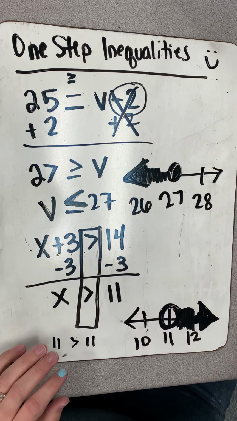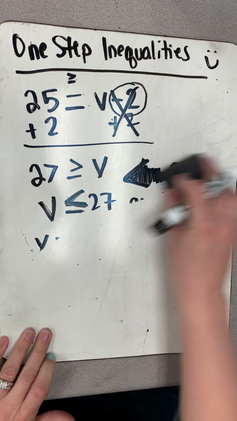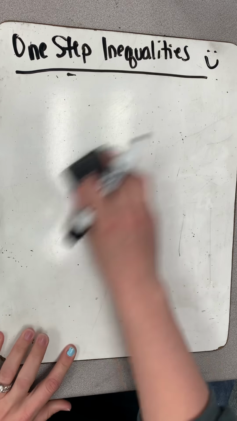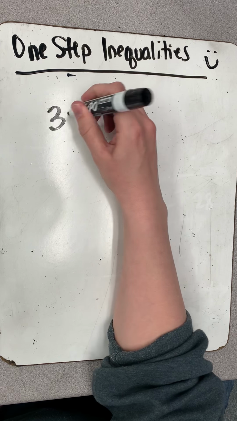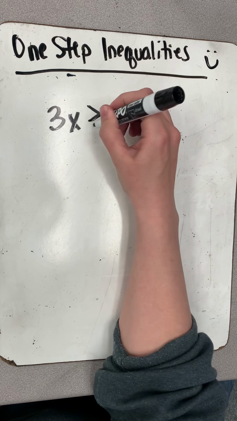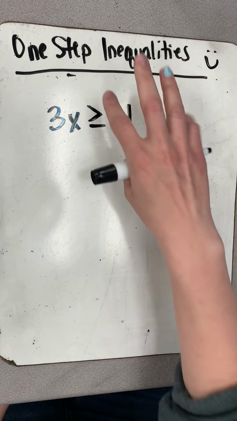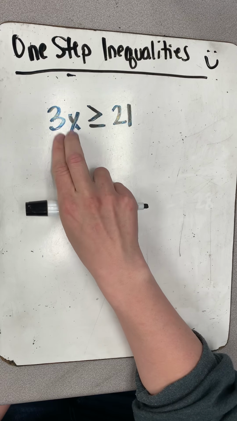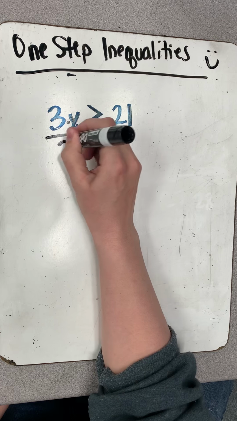I'm going to erase this, and I'll show you one that has to do with multiplying and dividing. We're doing the same thing, right? So if I have 3x is greater than or equal to 21, I'm still doing the opposite operation to isolate my variable. Right now it's multiplying, so I will divide.